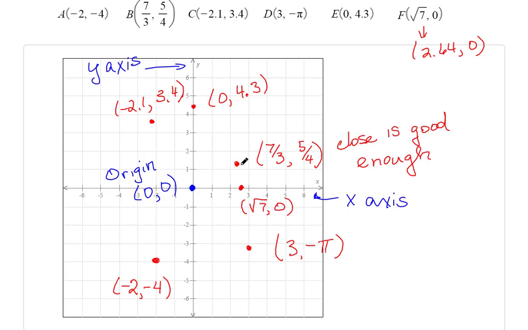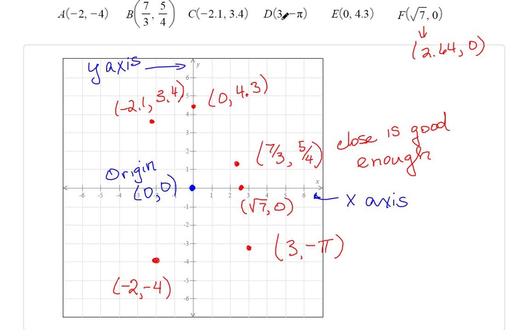Let's see, C, -2.1 and 3.4. That's just a little past 2 and up 3.4, so around that area. Maybe mine is a little high, looks like a little bit past 3.5, but maybe it would take it.